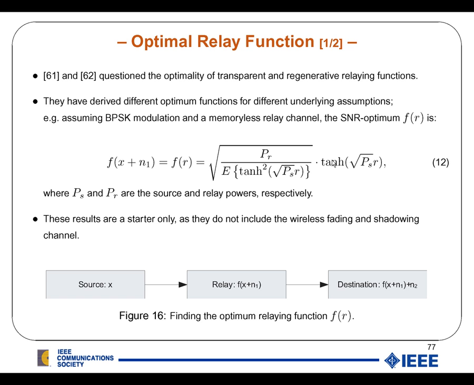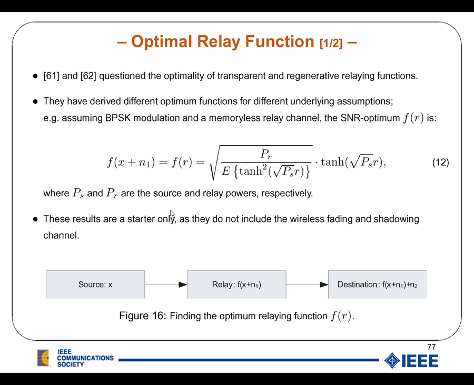It turns out that the SNR optimum relay function, if you use BPSK in the memoryless relay channel, is of that form here, which can be decomposed in two parts. One is a power scaling and the other is the amplitude transfer, which is a tangent hyperbolicus here to the input R, where PS and P are the source and relay powers respectively.